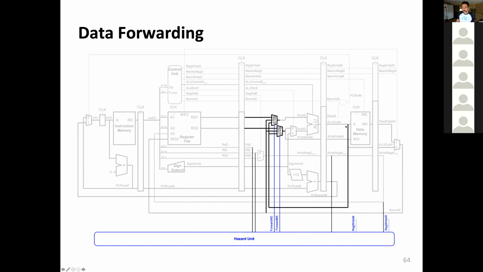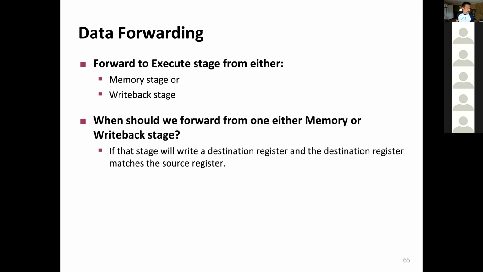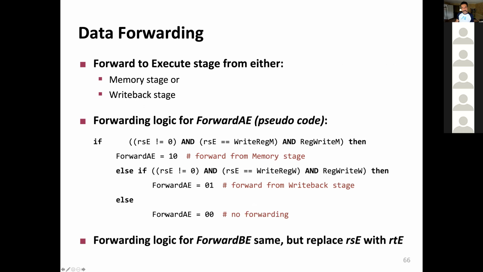So now hopefully you understand this data path and the way you can generate this signal, because the most important signals in this updated hardware are these 2 signals that you need to generate. Forward BE is also the same. These are based on write register M and write register W. You can generate the forward AE accordingly.